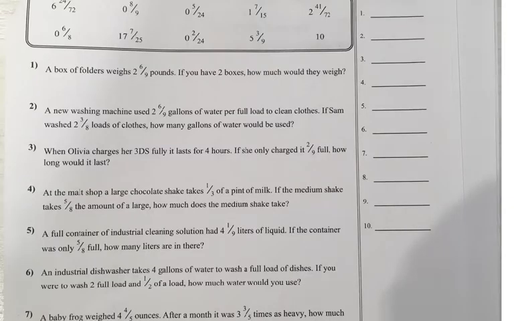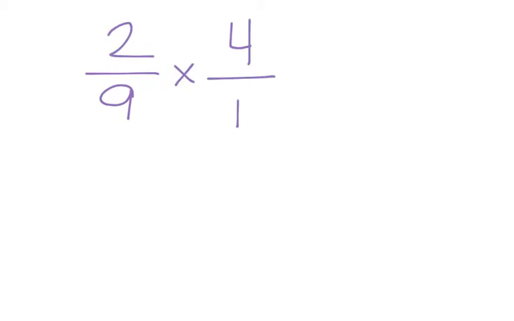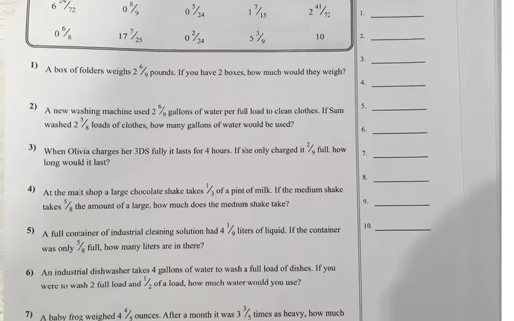Number 3, when Olivia charges her 3DS fully, it lasts for 4 hours. If she only charged it 2/9 full, how long would it last? Well, you have 2/9 of the full charge, which is 4 hours. That's number 3. I'll leave that one for you to solve. Number 5, a full container of industrial cleaning solution had 4 1/9 liters of liquid.